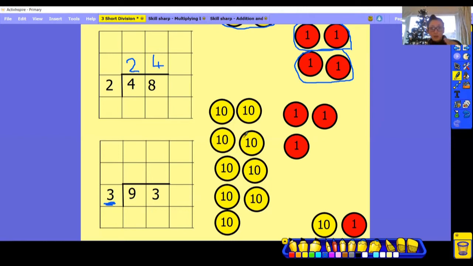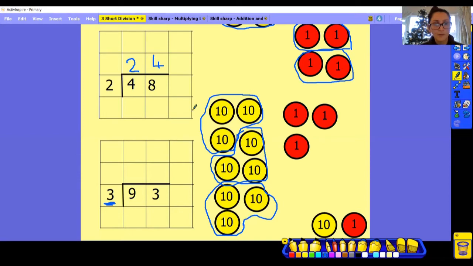So again, we always start with our tens column. We always start with the biggest number. So in this number, it is in our tens column, which is the 90. So let's see how many groups of 3 we can have. So we've got one group of 3 here, another group of 3 here, and another group of 3 here.